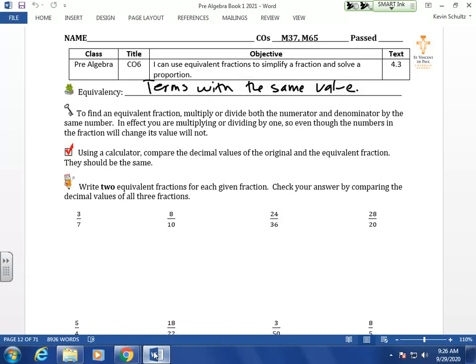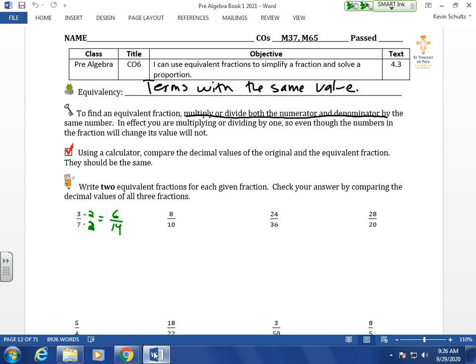And as you've been told before, to find an equivalent fraction, you need to multiply or divide both the numerator and the denominator by the same number. Why is that? If we wanted to find an equivalent fraction to 3/7, and I multiply 3 by 2 and 7 by 2 to get 6/14, did I multiply that fraction by 2 to get 6/14?